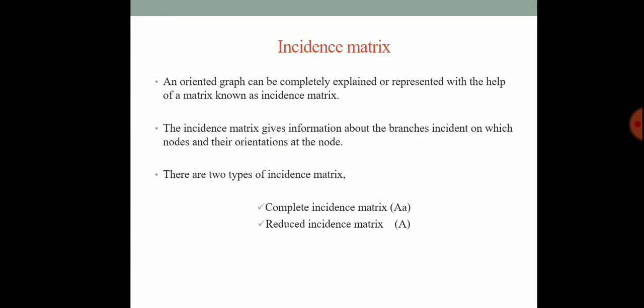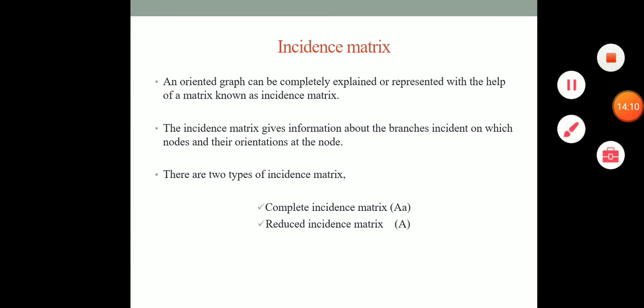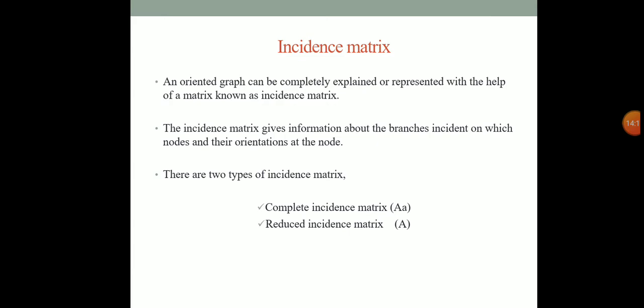In the complete incident matrix, the incident matrix is nothing but a mathematical model to represent the given network with all the information available. The information regarding the network is nothing but which branches are incident at which node and what are the orientations relative to the node.